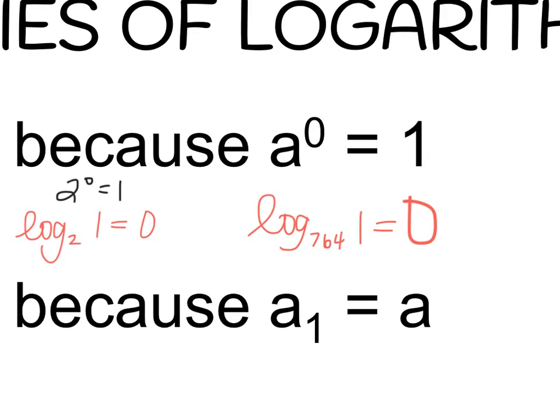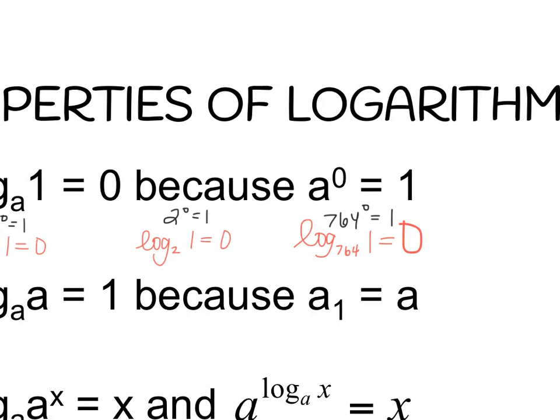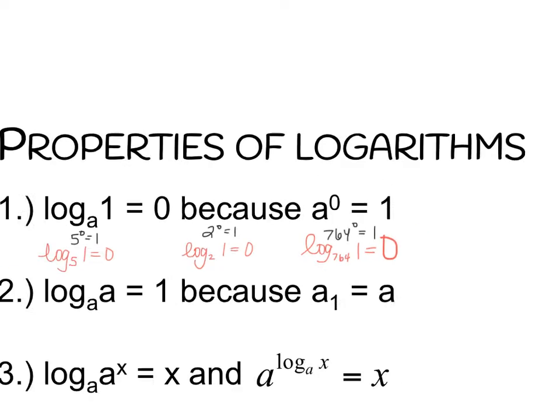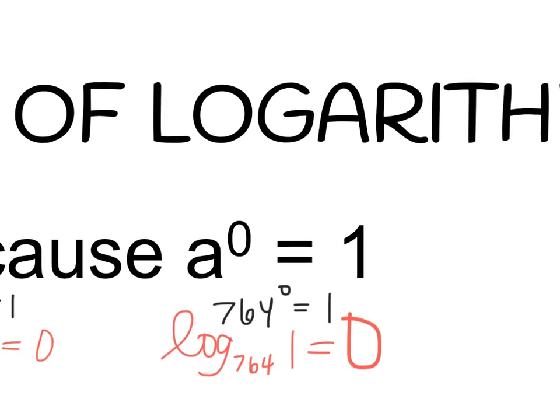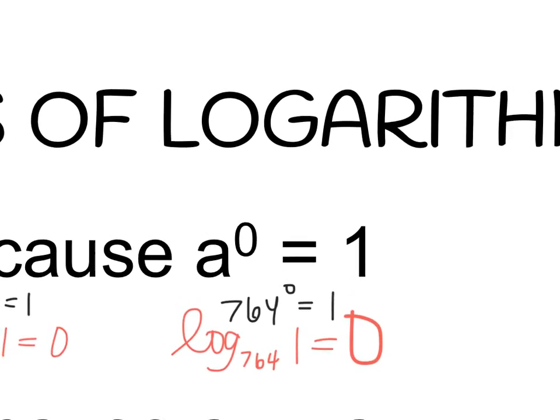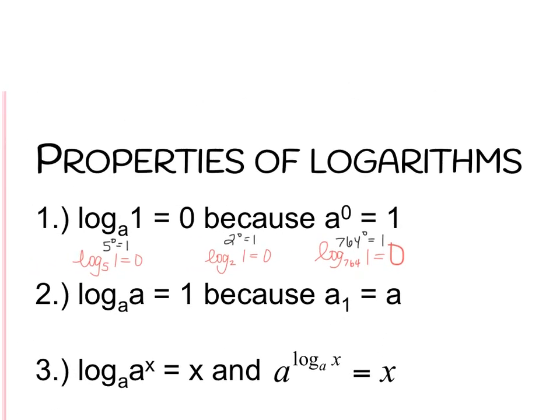So if I had 764 to the 0 power, what does that equal? 1. When you have log base whatever of 1, that equals 0. That is a property that you need to know. That's the same thing as exponentially. If you have any number to the 0 power, it equals what? 1. That's what that's saying.